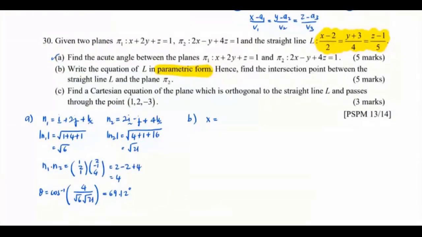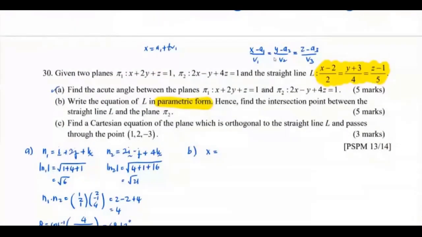For parametric it is x equals A1 plus t V1, y equals A2 plus t V2, z equals A3 plus t V3. So your A is this one, so it must be minus.